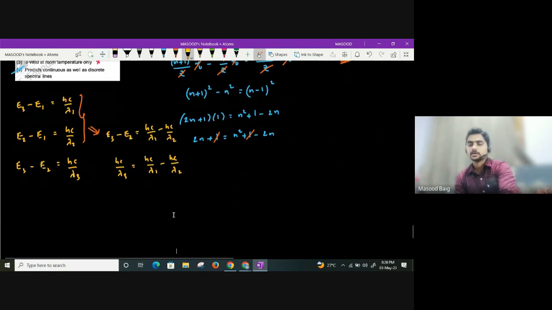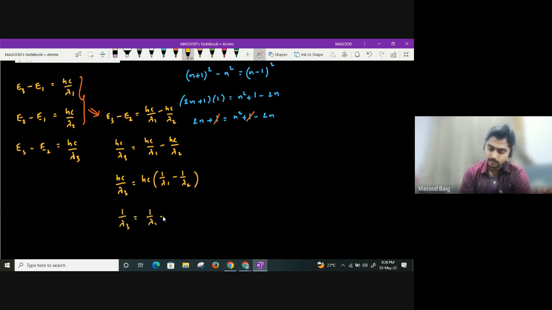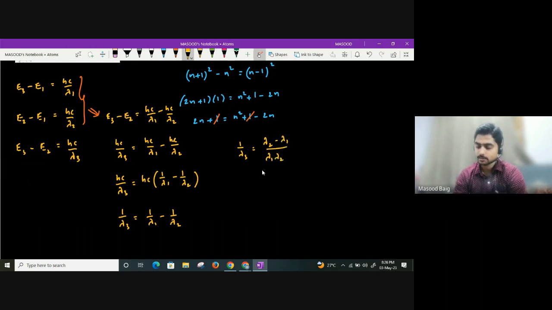Definitely we will get such types of questions, guys. If you take hc common, 1 by lambda 3 will be 1 by lambda 1 minus 1 by lambda 2. So 1 by lambda 3 I can write as (lambda 2 minus lambda 1) divided by lambda 1 lambda 2. Or lambda 3 can be taken as lambda 1 lambda 2 divided by (lambda 2 minus lambda 1).